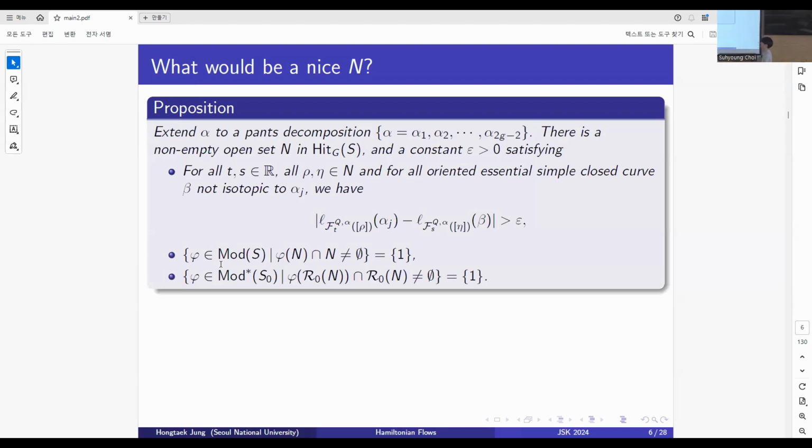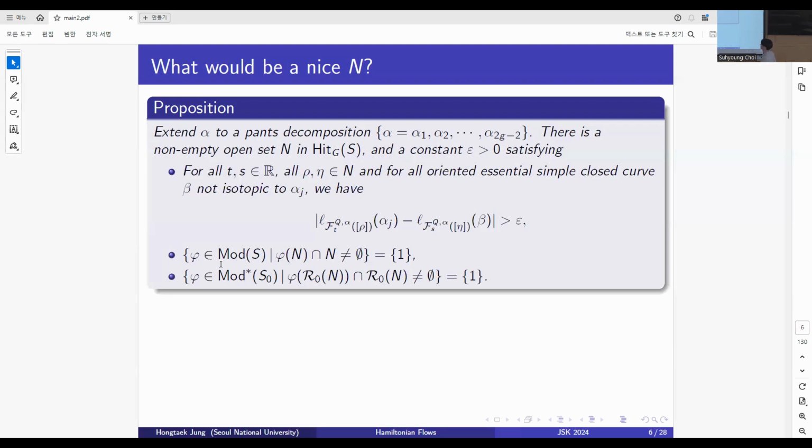So first condition, let's say t and s are arbitrary real numbers, and rho and eta are in N. Then what we need is the following property. Let's say beta is an essential simple closed curve that is not isotopic to alpha j.